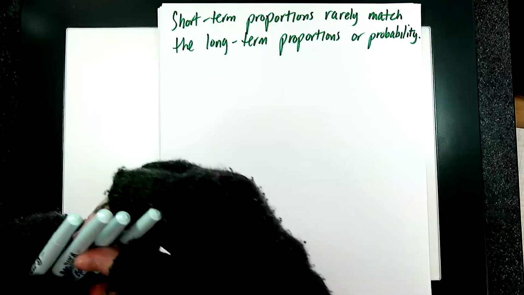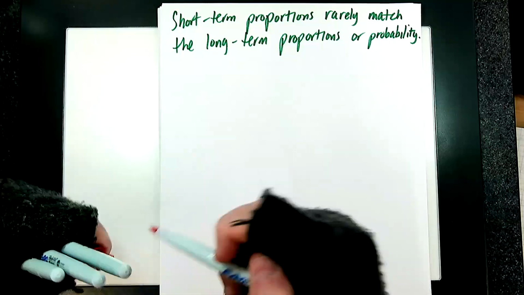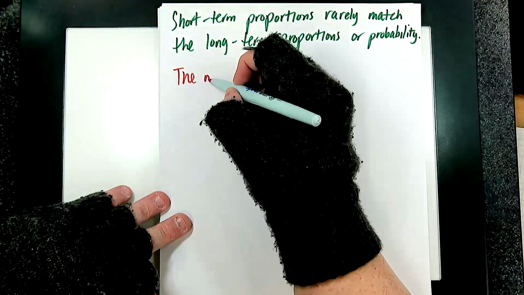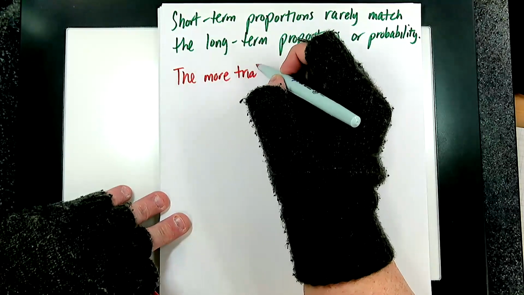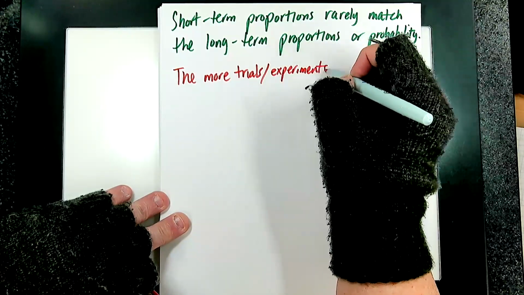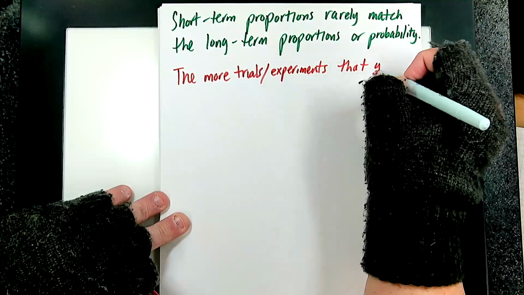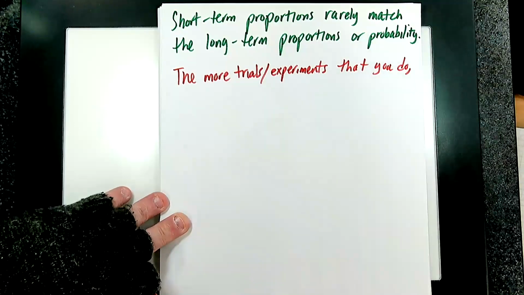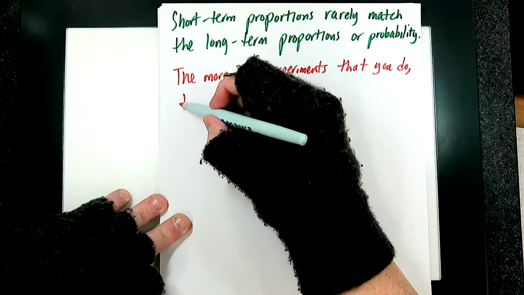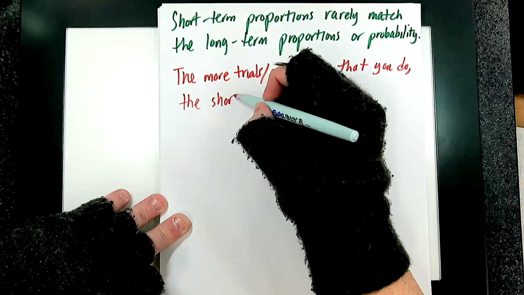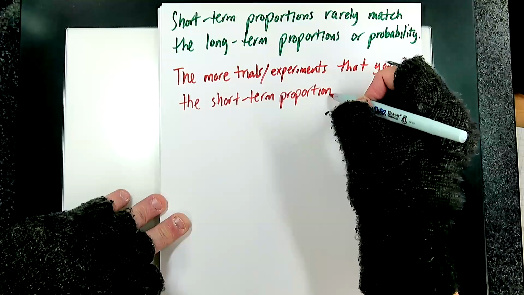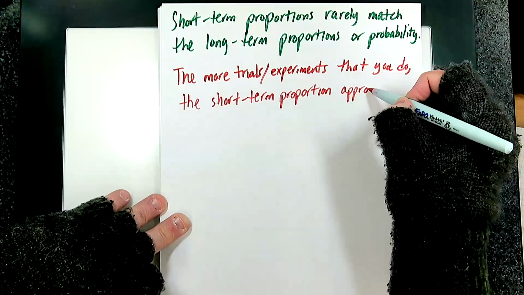But the more trials or experiments that you do, the short-term probability or short-term proportion approaches the true probability.